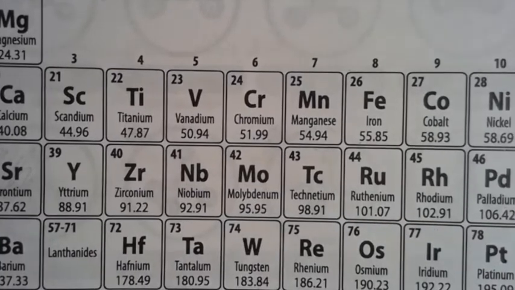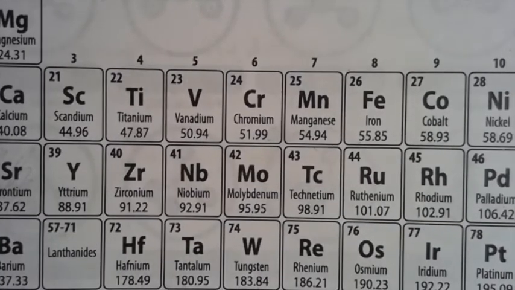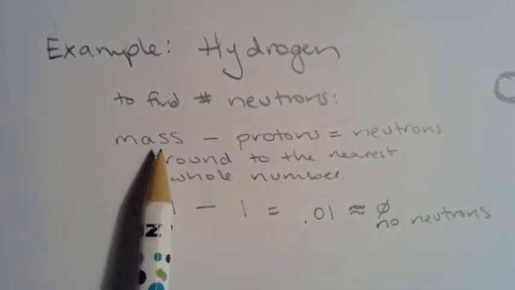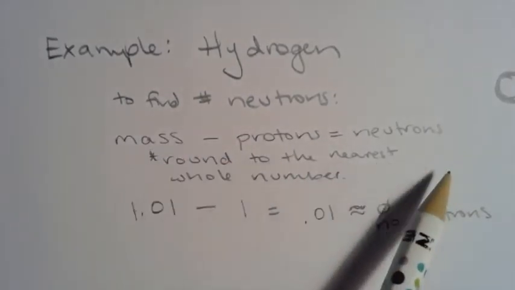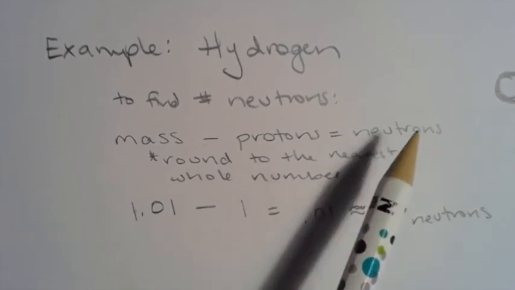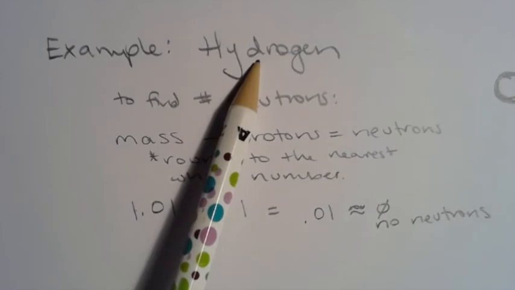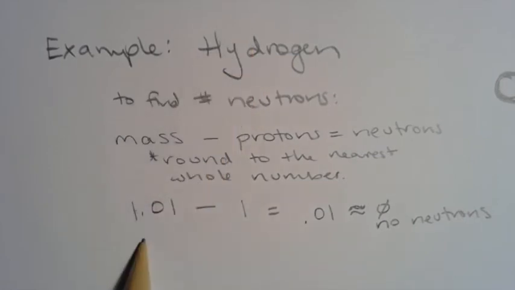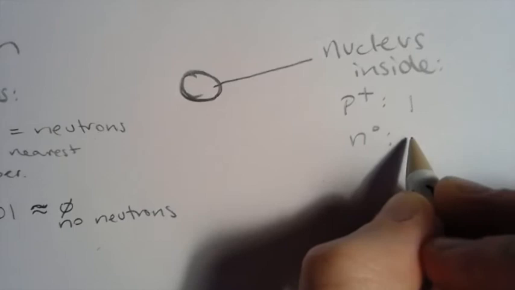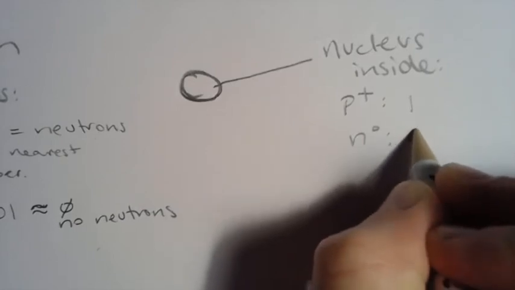We're not going to get real deep into that. For here, take the mass with all those decimals minus the protons, round to the nearest whole number. That's going to tell you how many neutrons. So in our hydrogen example, we took mass minus protons, rounded to the nearest whole number, no neutrons. So over here in this nucleus, we're going to say 0 neutrons.